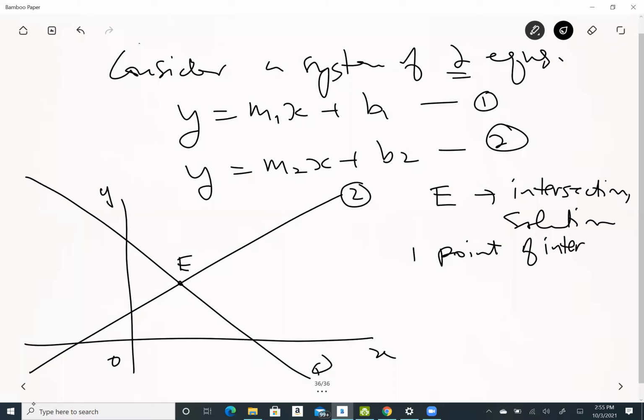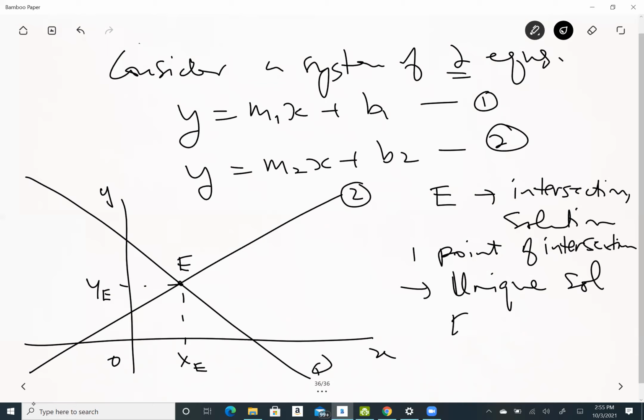Or you have a unique solution. So you have only one solution, okay? Or we call it unique. Okay, unique solution. And that point is called the E. And corresponding to the E, we call it XE. And the value of Y, you call it YE. So there is only one point that satisfies the two equations at the same time.